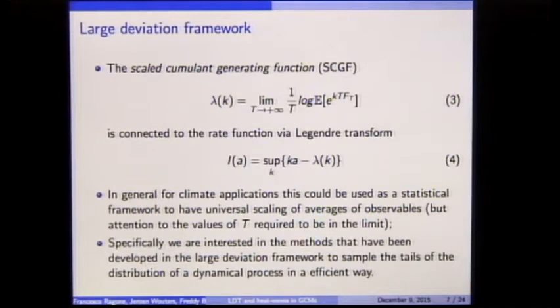So, looking at a way to optimize the estimate of the tail of the distribution of a very long average of the surface temperature, with this population dynamics algorithm by basically forcing a train of heat waves. So a sequence of heat waves that will then lead me over a long time to a large anomaly of the temperature.